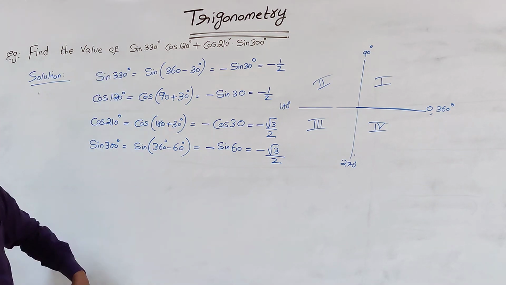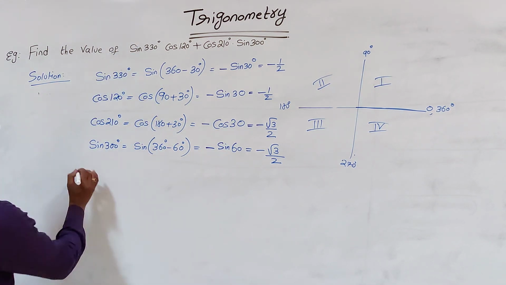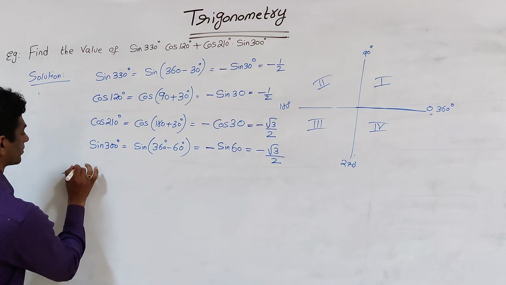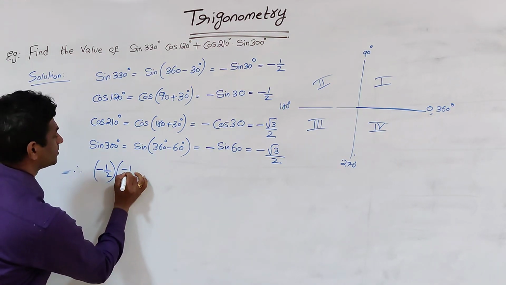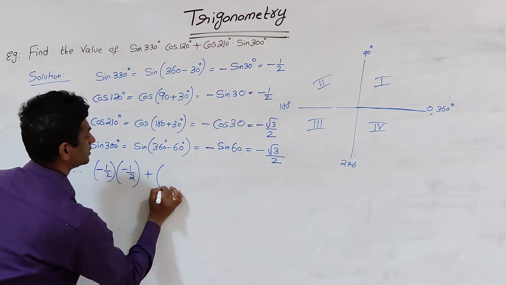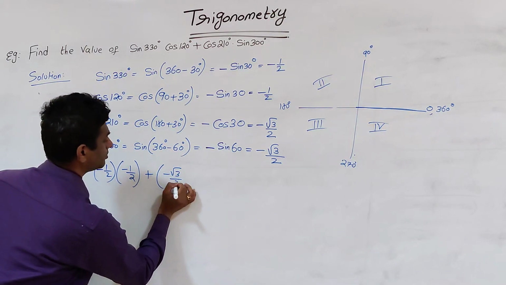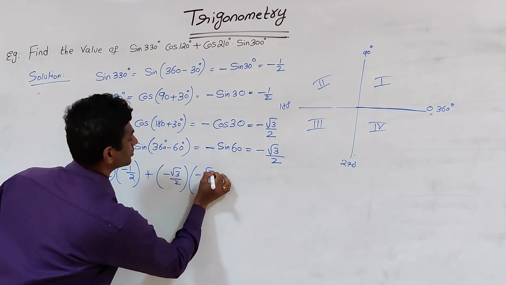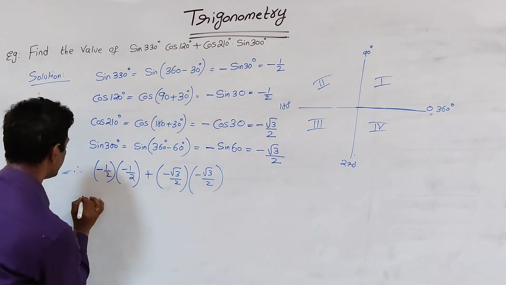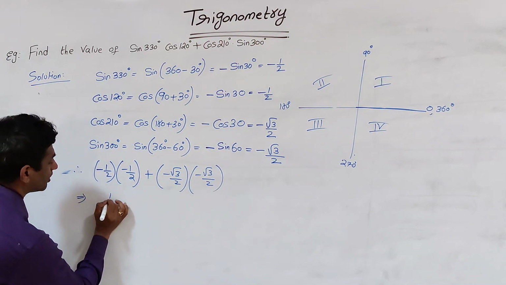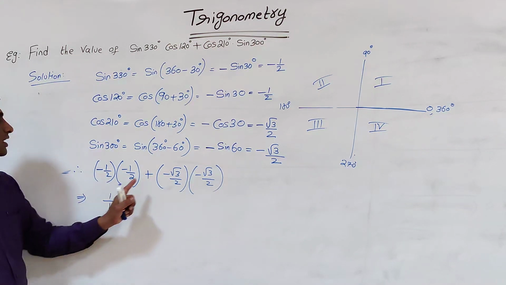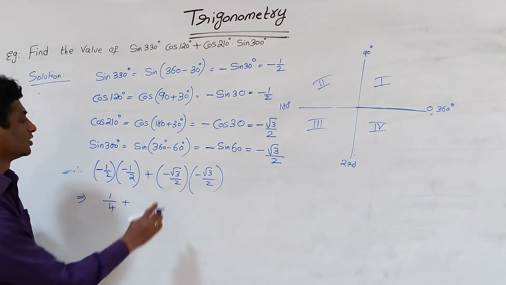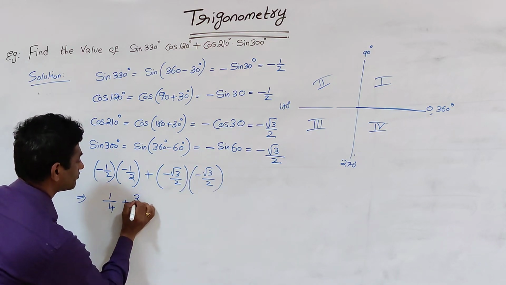If you substitute all the trigonometric values, we get minus 1 by 2 times minus 1 by 2 plus minus root 3 by 2 into minus root 3 by 2. If you simplify, it will be 1 by 4 plus, minus into minus becomes plus, root 3 by 2 into root 3 by 2 is 3 by 4.